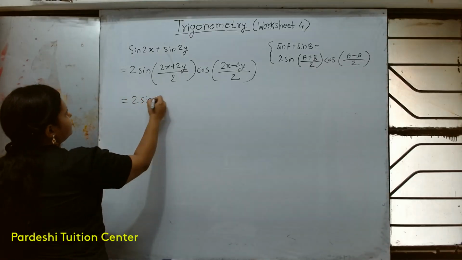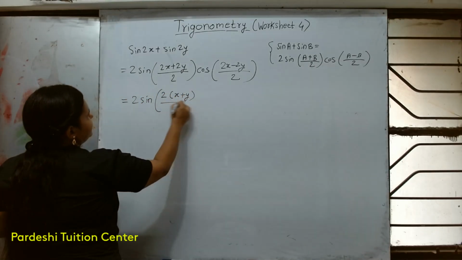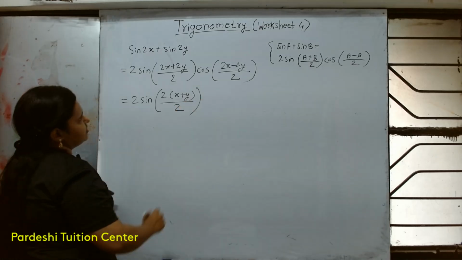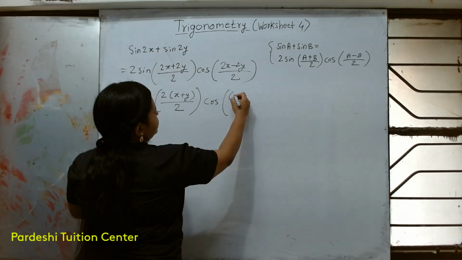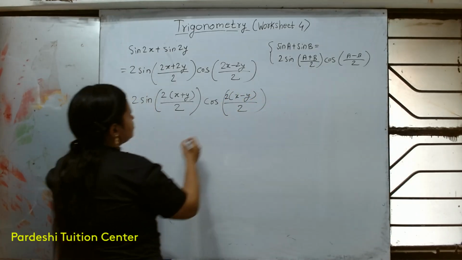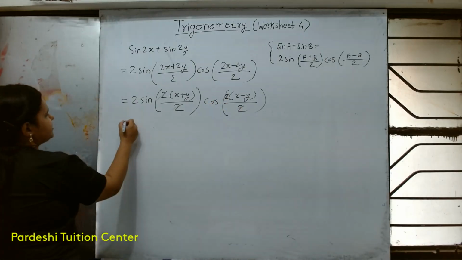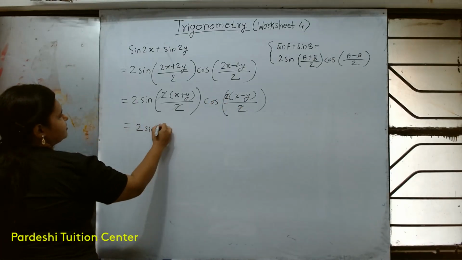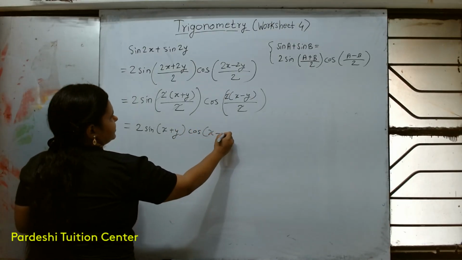So 2 sin of (x plus y), and again taking 2 common, it is cos of (x minus y), and the 2 gets cancelled. What remains is 2 sin of (x plus y) into cos of (x minus y).